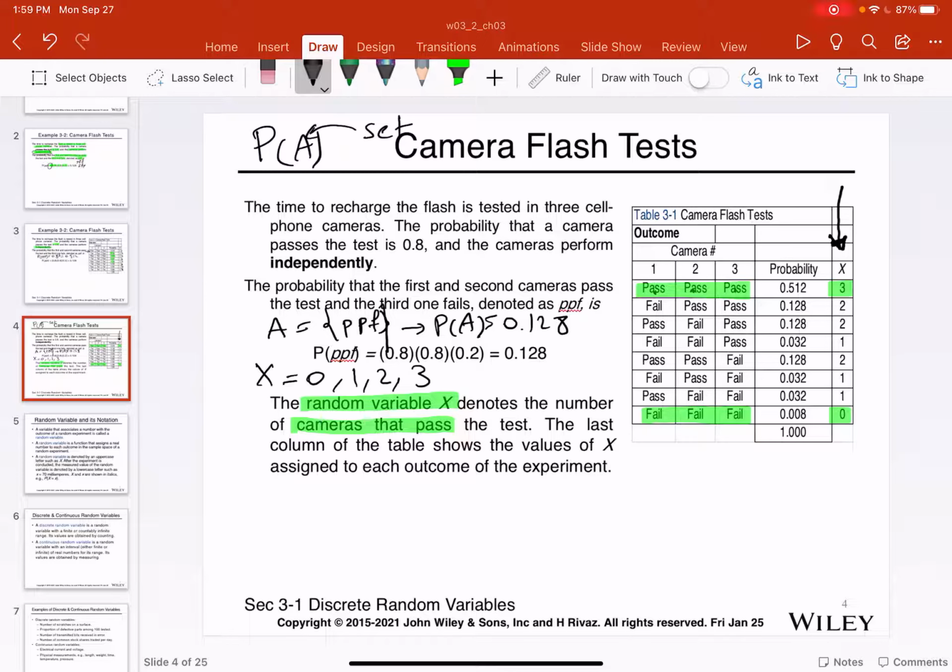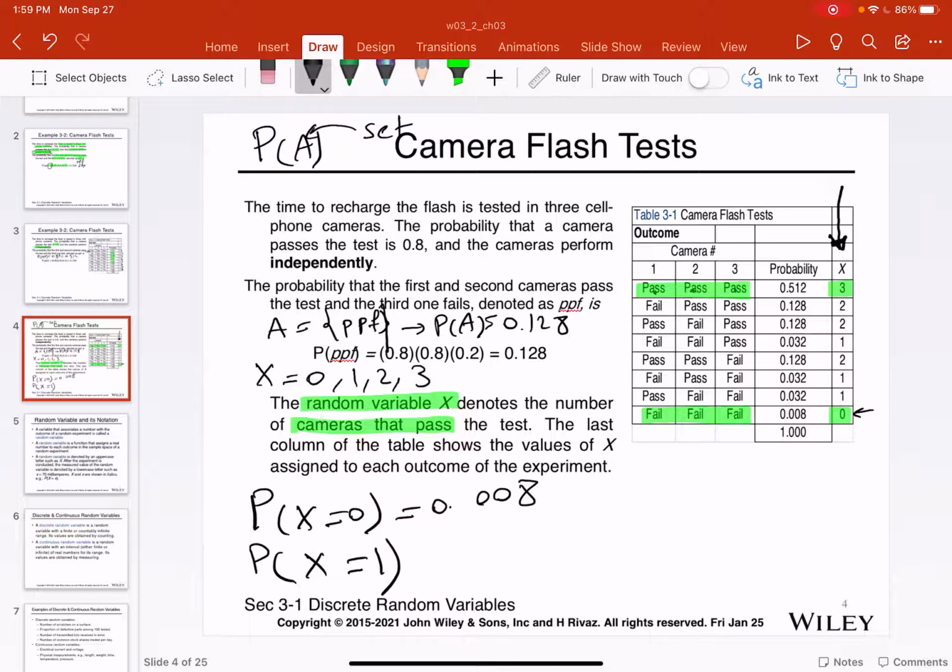But what I can do now with the introduction of a random variable is that I can say, what's the probability of X equal to 0? So X, the random variable, being 0 is basically this guy here, 0.008. Or I can calculate probability of X being equal to 1, or 2 or 3, right?